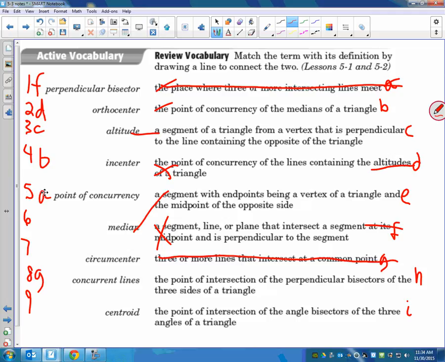This one. Did you see that one? A segment with the vertex of a triangle and the midpoint of the opposite side. That's the definition of median. My numbers are all getting messed up. Is that E and 6?